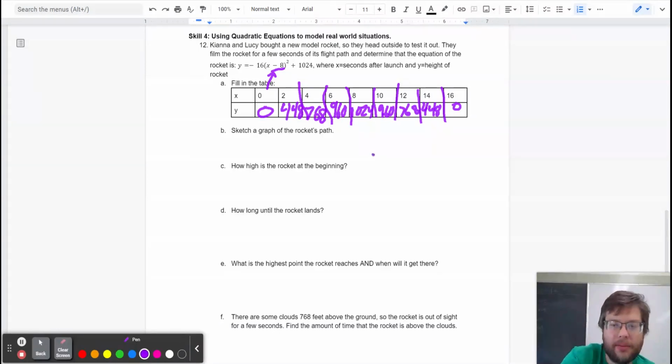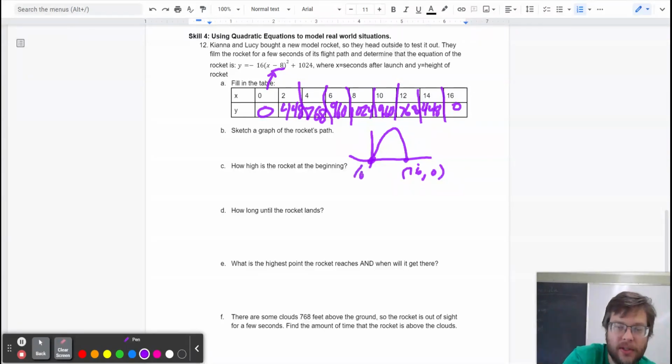All right, sketch a graph. It started on the ground, it went up, went down. This is 16 comma 0. This is 0 comma 0. Vertex point right there looks like 8 comma 1024. How high is the rocket at the beginning? 0 feet.